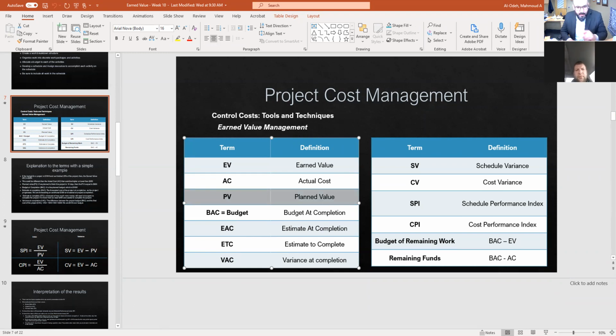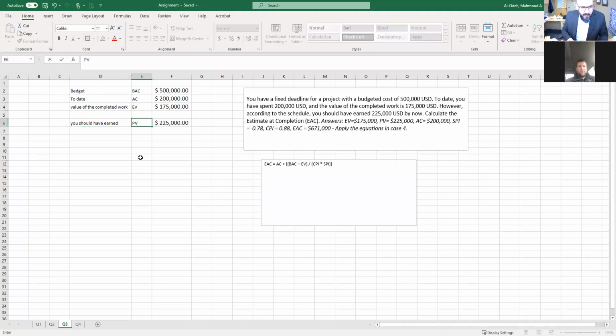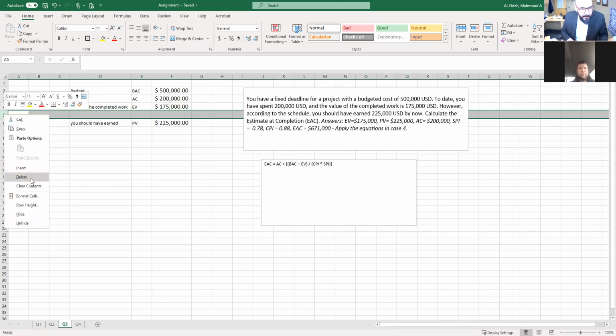They're saying that based on the plan, you should be at 225, so that would be the PV, the planned value. I'm not sure if we're going to use it in the equation or not, but we're going to leave it here.